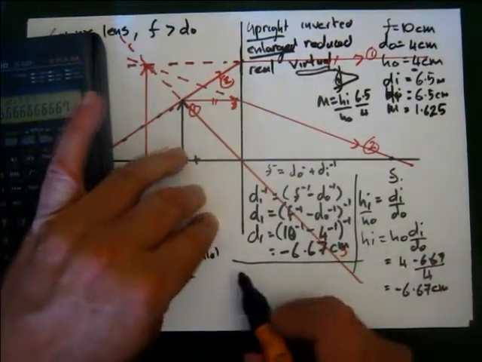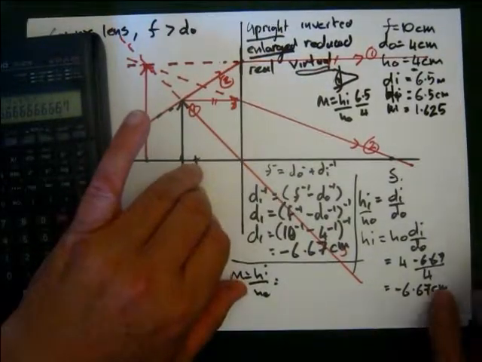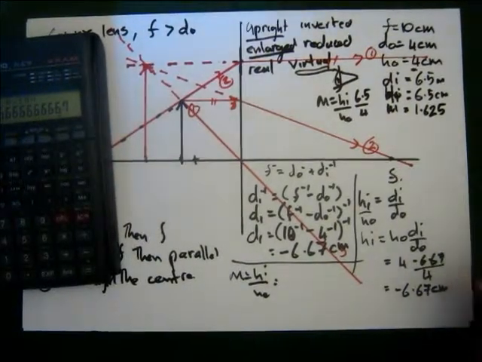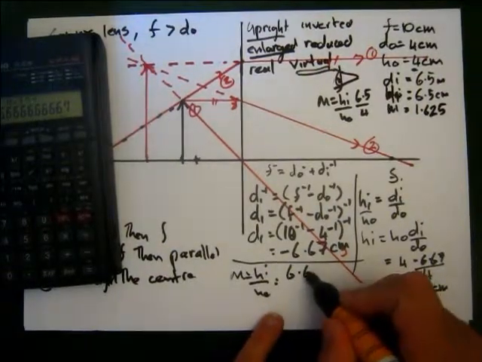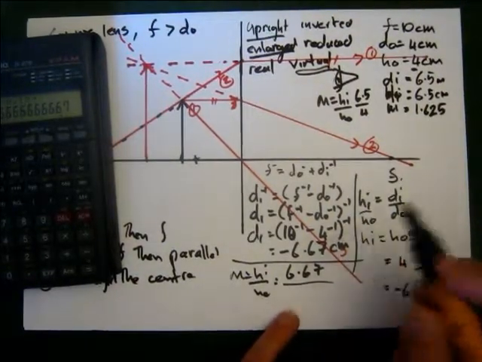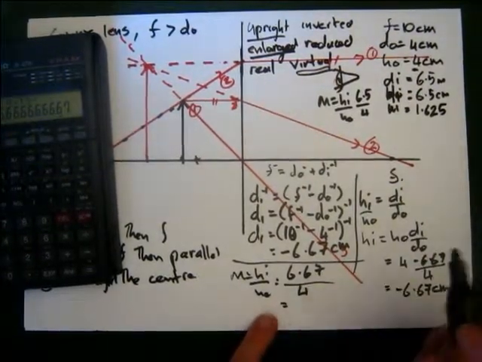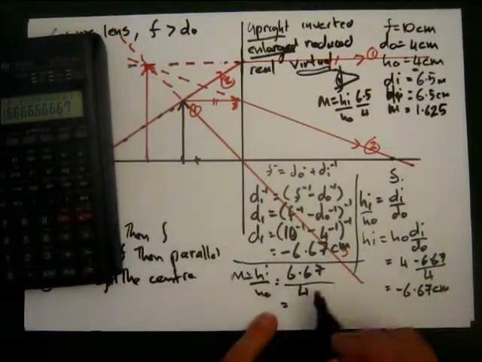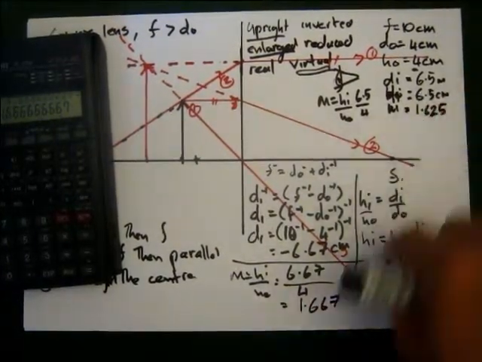And the last thing that we want to do is M equals HI over HO. We take the height of the image, 6.67, it doesn't matter about the minus sign now, and divide it by the height of the object, 4, which equals 1.667. Compared to 1.625, pretty good, but not perfect.